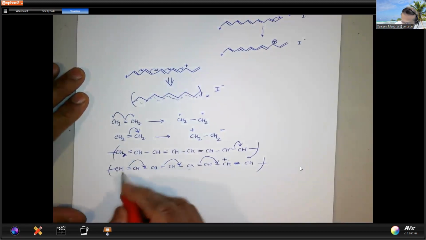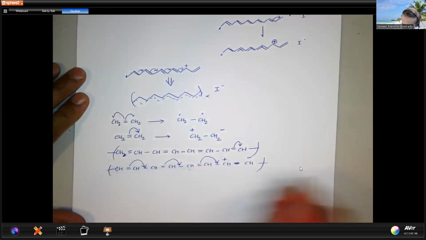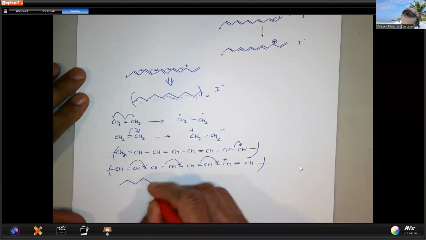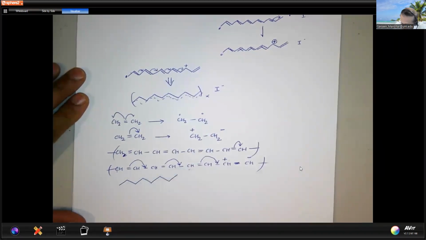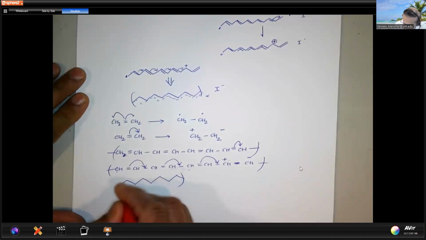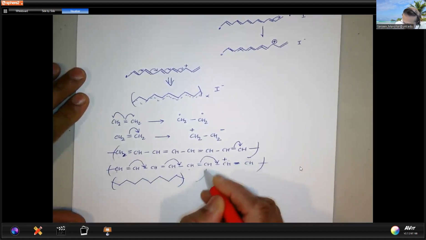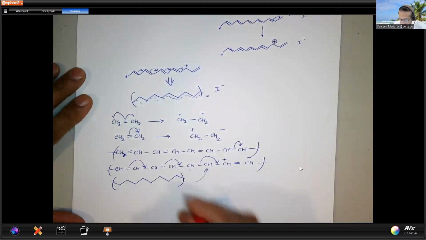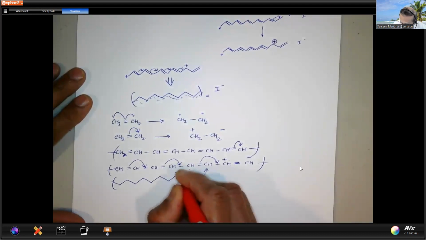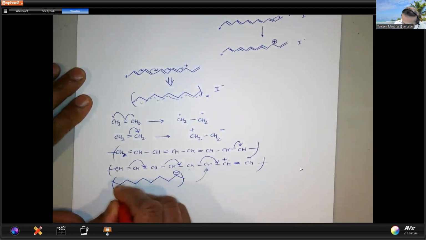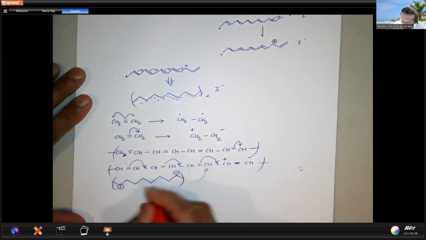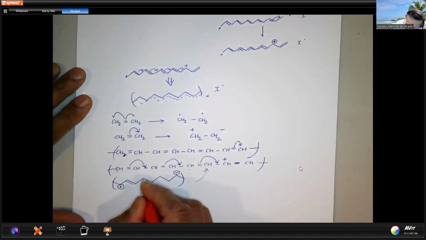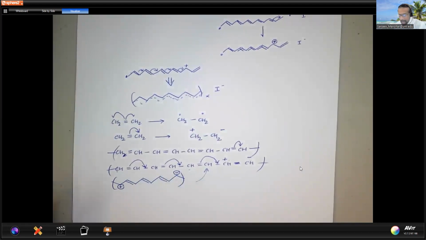So in the end, you'll have 1, 2, 3, 4, 5, 6, 7, 8, right? That's what this is. I'm not just writing the CHs, that's all. So this side is still a minus, but this side becomes the plus. And all the double bonds have switched sides, right?